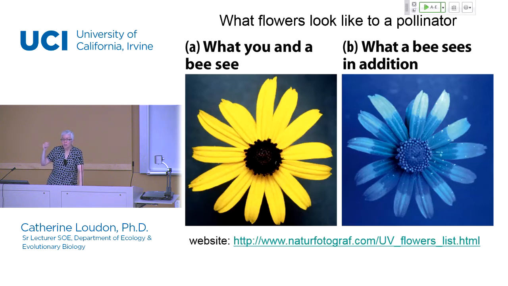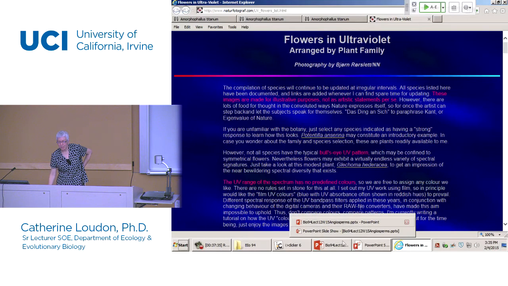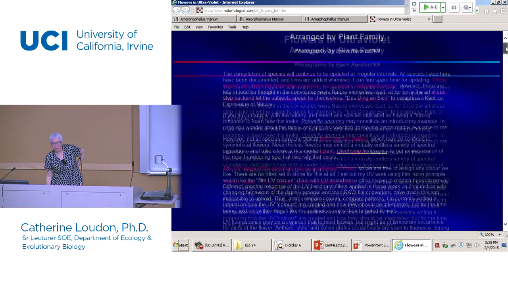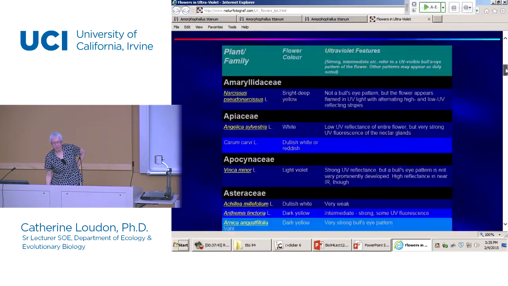So evolutionary biologists who are interested in studying behavioral responses of insects, such as bees, to flower patterns have to be looking at them in the right spectrum. There are a lot of interesting websites. Let's have a quick peek at this particular website, which shows some examples of flowers in visible light or the ultraviolet.